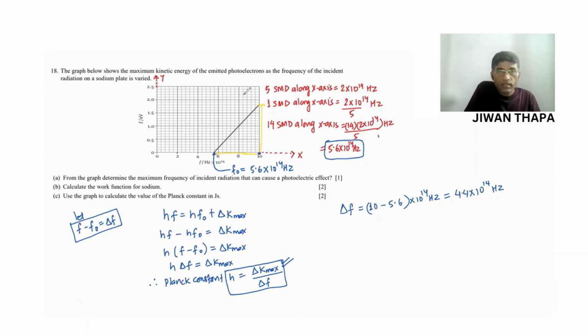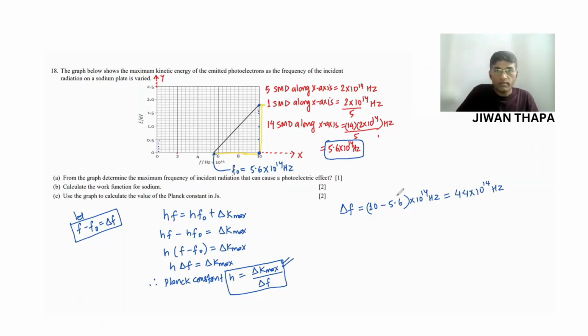Now, let us find this height. I need to count how many divisions there are from this point to this point. You can see 1, 2, 3, 4, 5. So this gives me 5. This is another 5. This is another 5, and there are 1, 2, 3.